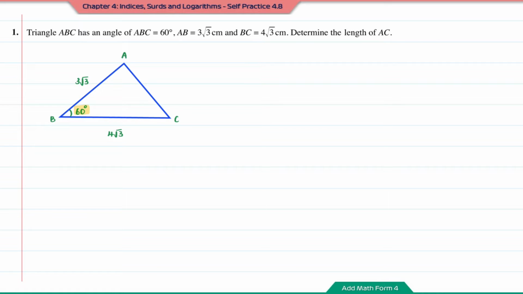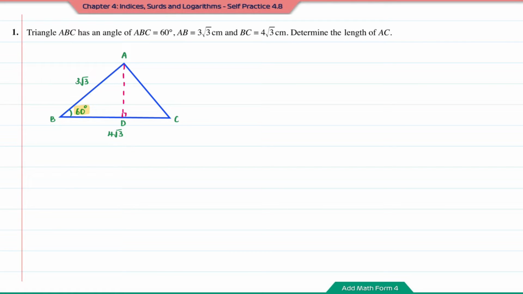But let's say you haven't learned solution of triangles, so here we can split this triangle into two right angle triangles. From the point A, I'm going to draw a perpendicular straight line towards BC, and I'm going to label this point as D. So here we already have two right angle triangles, ABD and ADC.